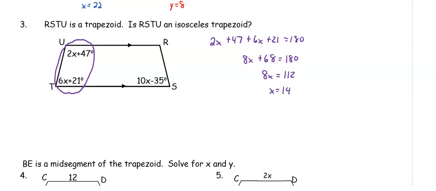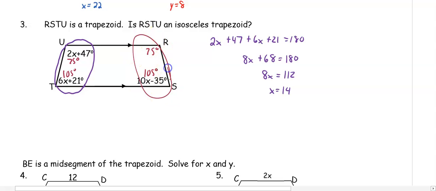To figure out if it's isosceles or not, we need to look at T and S and see if they are congruent. So 6 times 14 plus 21 is 105. 10 times 14 minus 35 is also 105, which means that we have congruent base angles. 2 times 14 plus 47 is 75 degrees, and R would also have to be 75 degrees because these angles are supplementary.